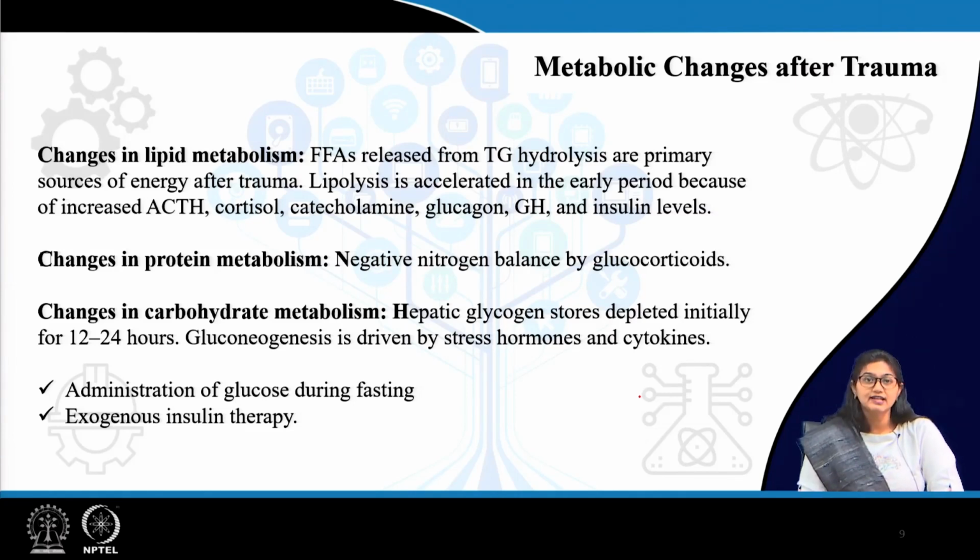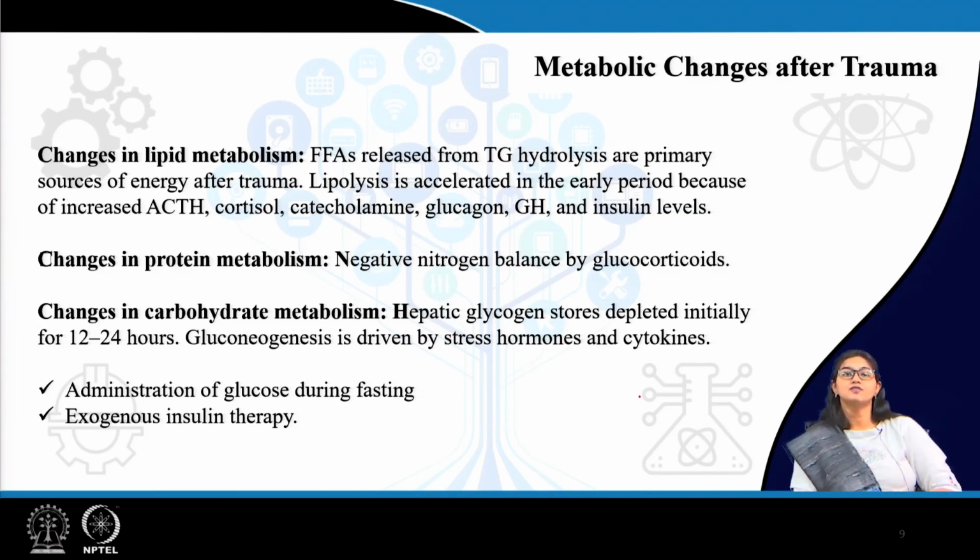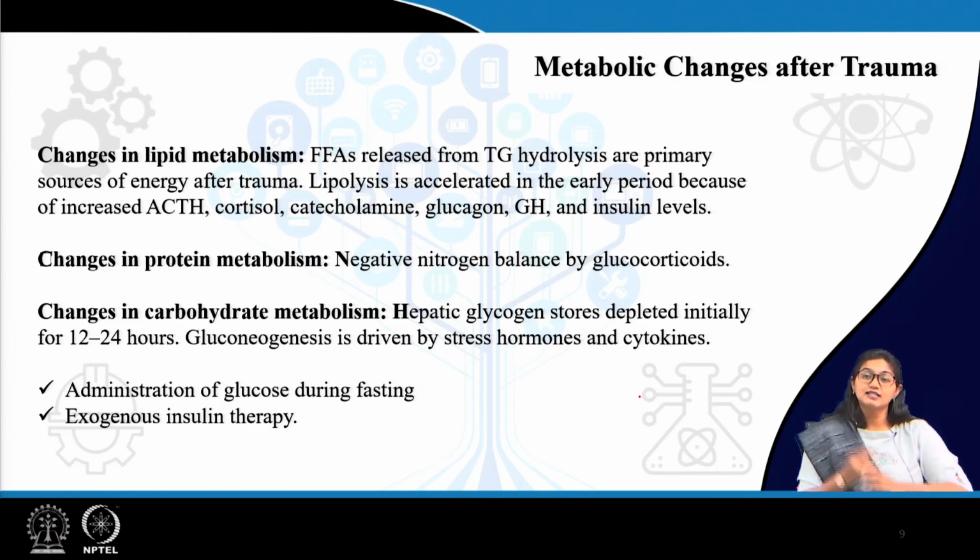So, there is lipolysis and also proteolysis causing negative nitrogen balance. So, the mode of treatment in trauma is basically to provide glucose as energy, so that muscle wasting, protein catabolism and lipolysis can be prevented. As there is an environment of insulin resistance, exogenous supply of insulin should be there, so that the cell can take up glucose for their fuel.